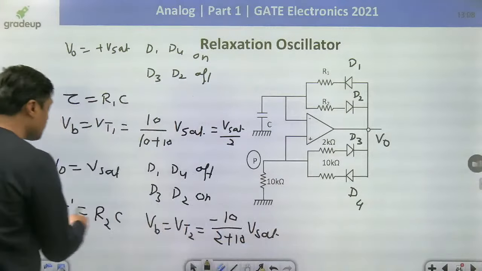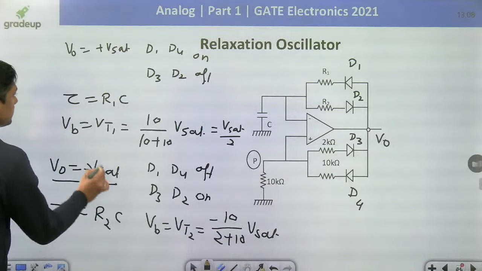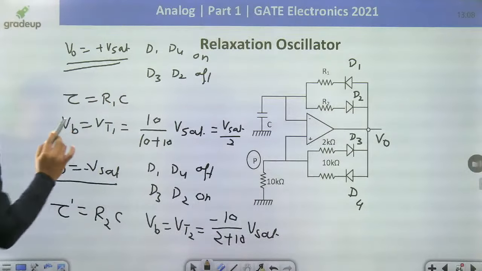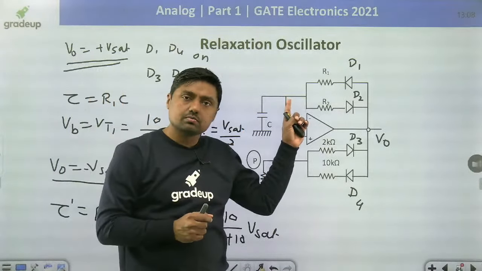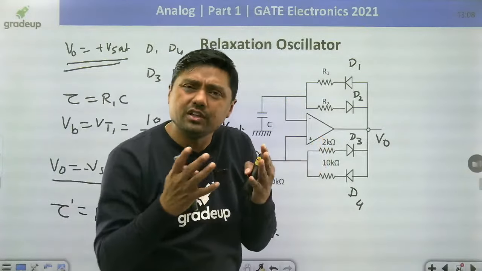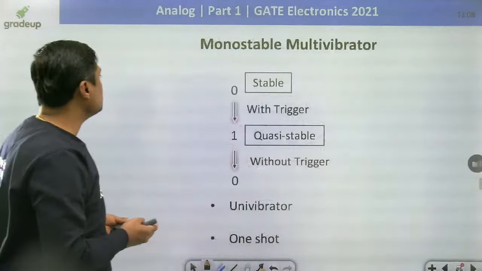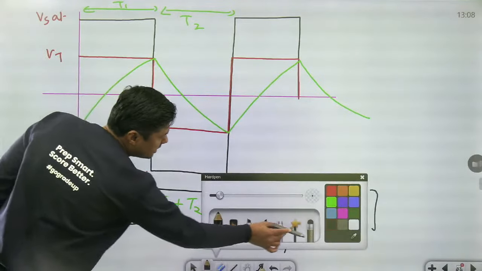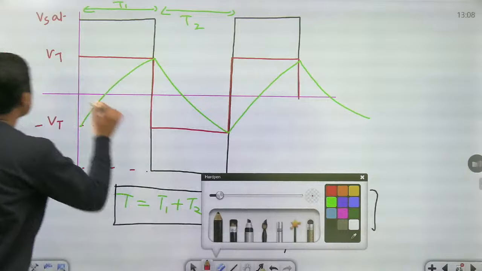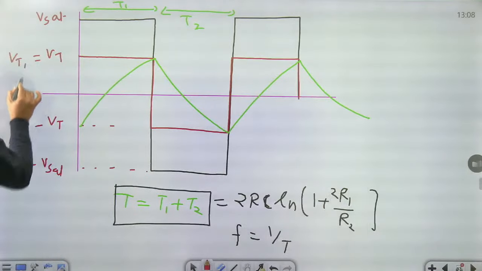Why minus? Because the output is negative, minus Vset. There are two methods to solve the threshold voltage and the time constant, and everything is very simple. In the case of the relaxation oscillator, you have to use Vt1 and Vt2.